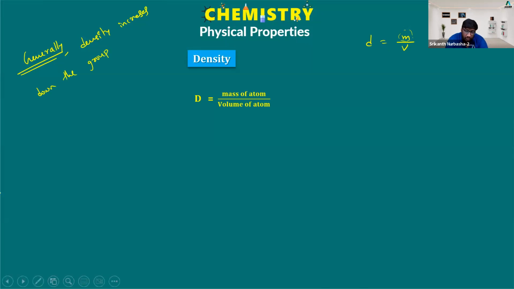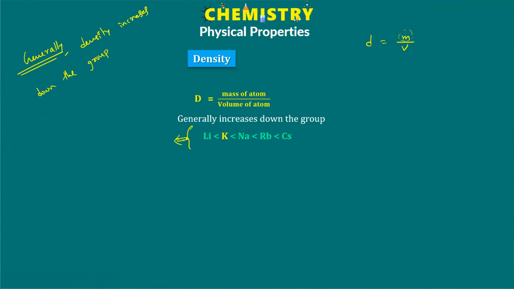So we should have what? Lithium. After lithium, you should have sodium, but you have potassium. Why? Because of the sudden increase in size, potassium has less density than sodium. Up to lithium and sodium, we are filling only 1s, 2s, yes or no? But in potassium, we are entering the third level where we also have d orbitals.